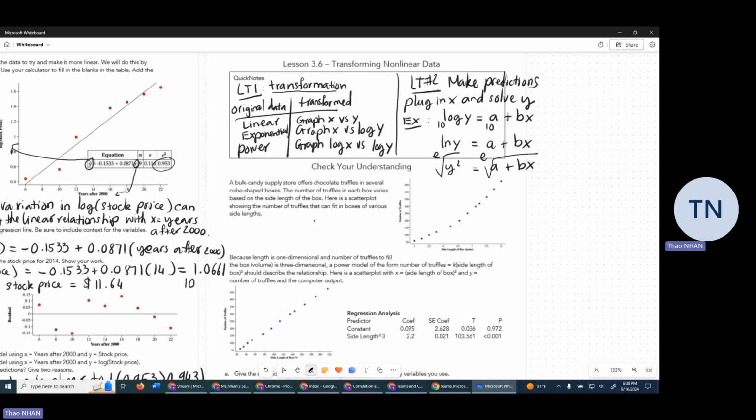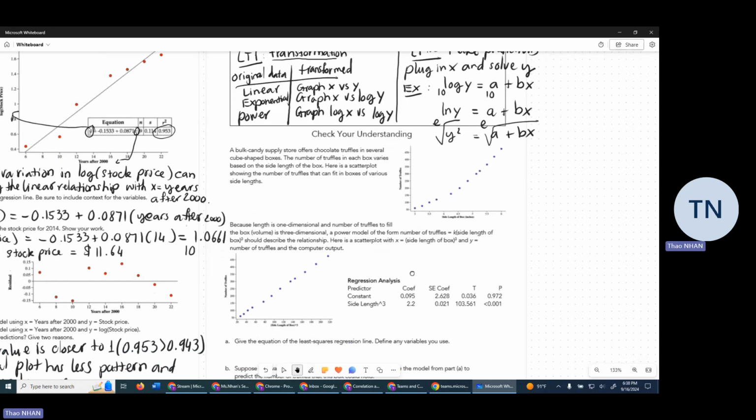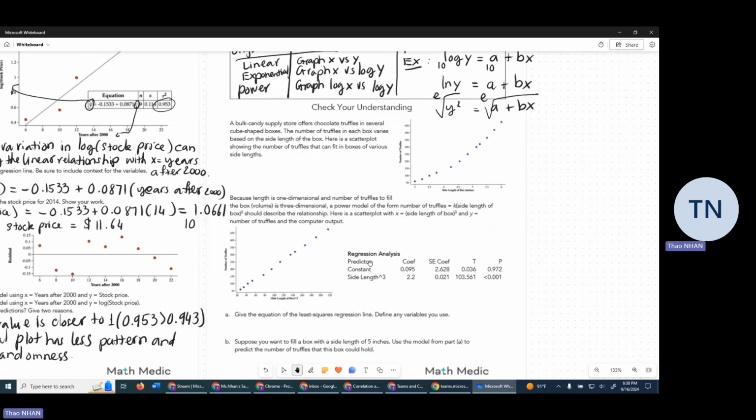We're going to do some more practice later on, but here is some practice for check your understanding. Down here, I do want to point out that sometimes I will give you a technology-looking table. Basically the very first number, the constant right here, is your y-intercept, this is a.